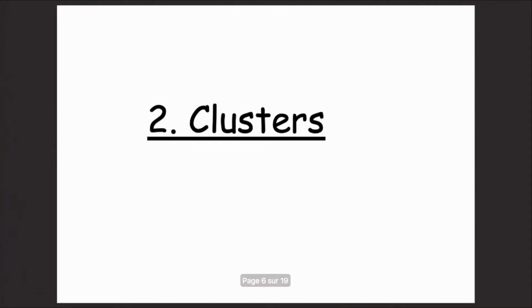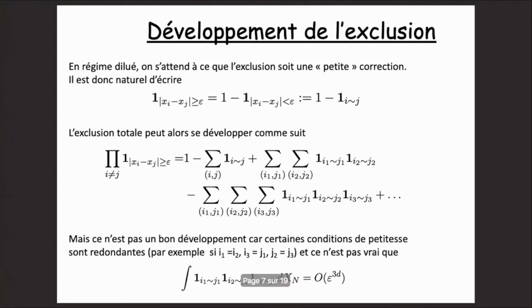So I will try to start with something a bit intuitive, and we will see that it's maybe not the best way to proceed, but at least it's a very natural way to proceed. What I would like to understand is this indicator function that all centers have to be at a distance at least epsilon. If epsilon is almost 0, then this indicator function is almost 1.